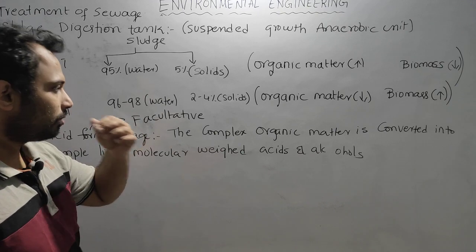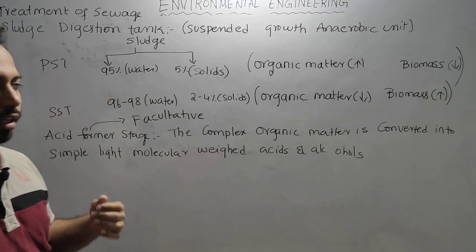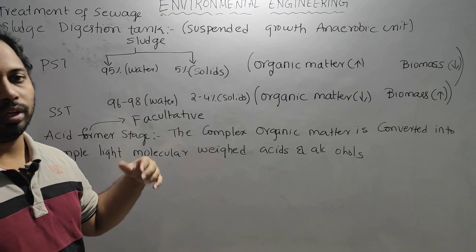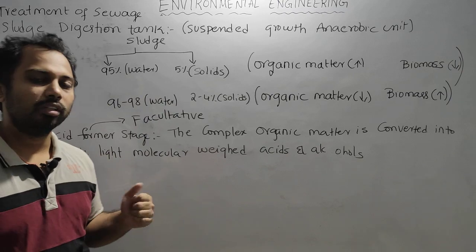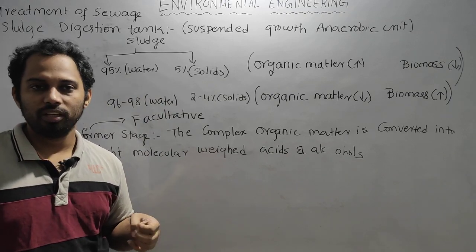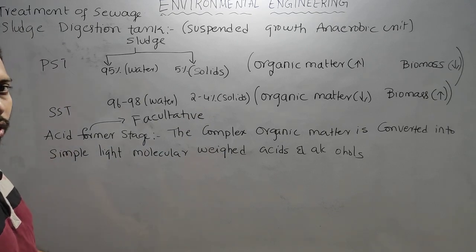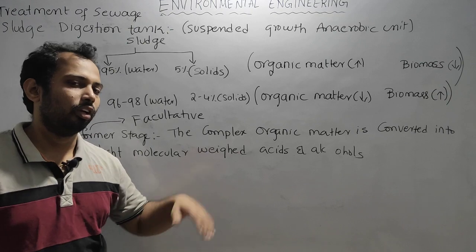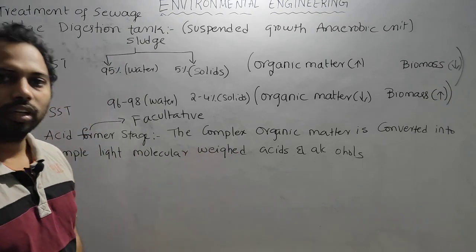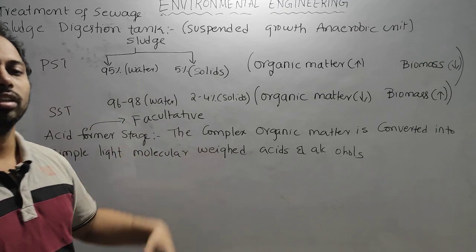Sometimes we call this shock loading. What is meant by shock loading is, when we are running a combined system of sewerage, what happens during rains? Suddenly rainwater will also come along with the sewage. Even though you control it or not, the rainwater will always enter the sewage. Even if you design a separate system, it is not necessarily possible for all the rainwater to go into the storm drainage only.